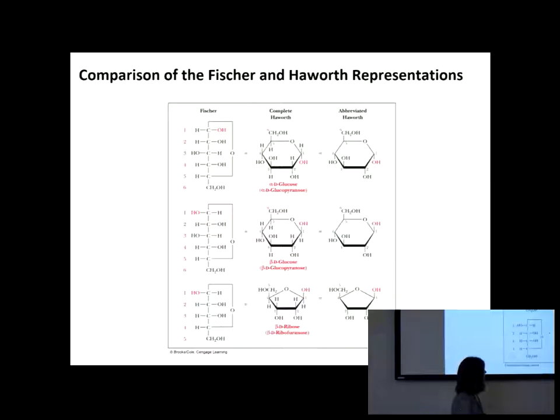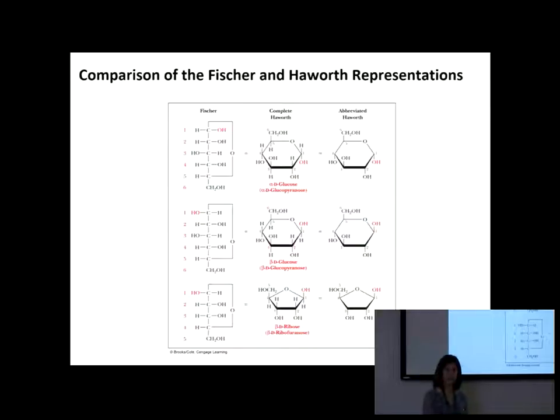So if the big group on 6 was down where hydrogen is, it would be L? Not L. We're not doing L or D, we're doing beta and alpha. Because it's a cyclic form, we're not going to do D or L here.